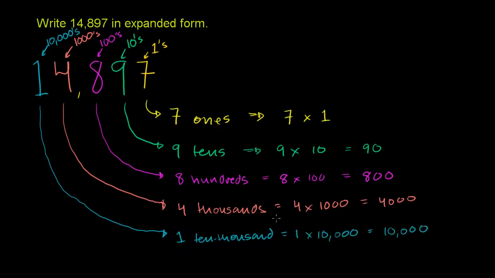So when they ask us to write it in expanded form, we could write 14,897 literally as the sum of these numbers, of its components. This top 7 times 1 is just equal to 7.